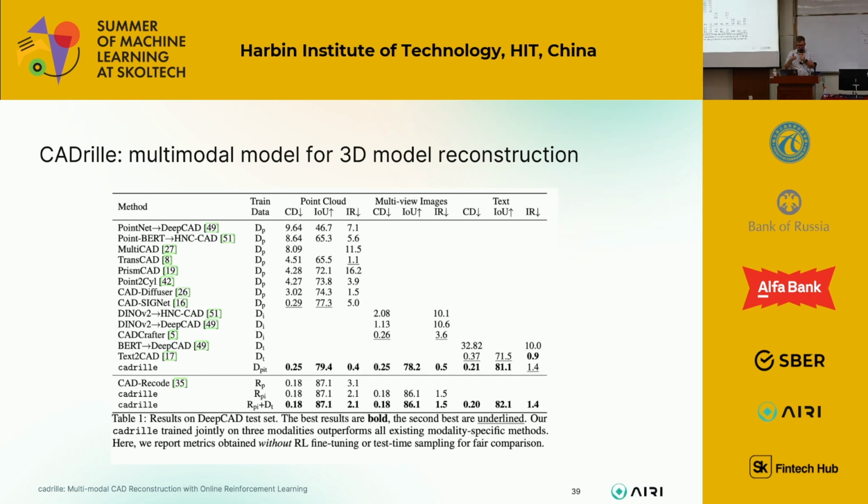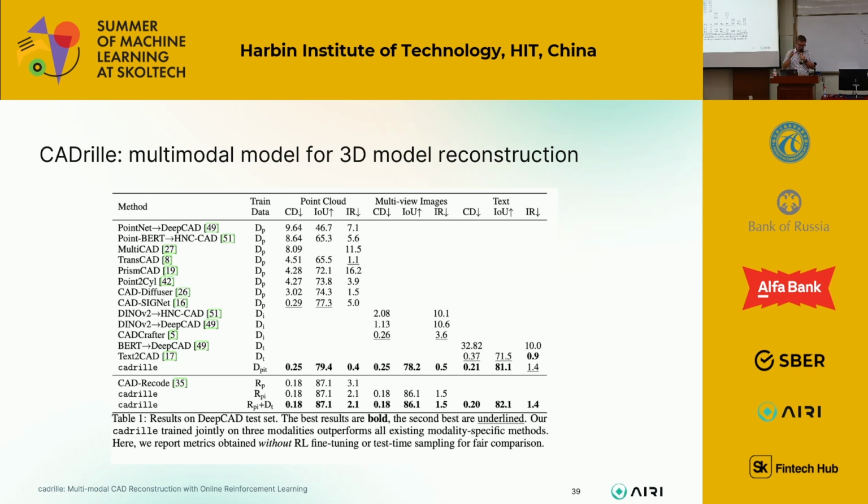And we see that our model in this setup of multimodal implementation, so here we can see that in the top part of the table, there are a lot of models that are using in training data only point clouds or only images, so some specific modalities.